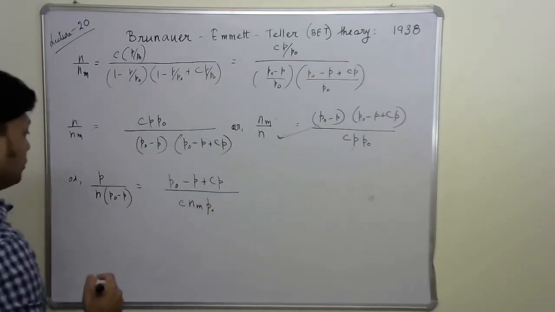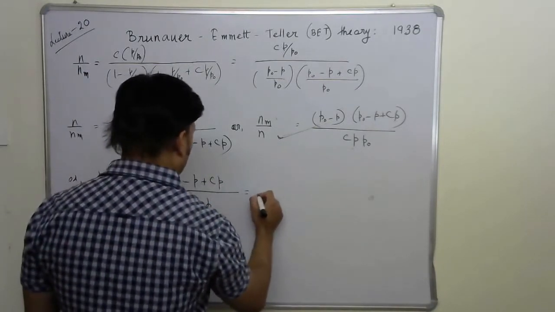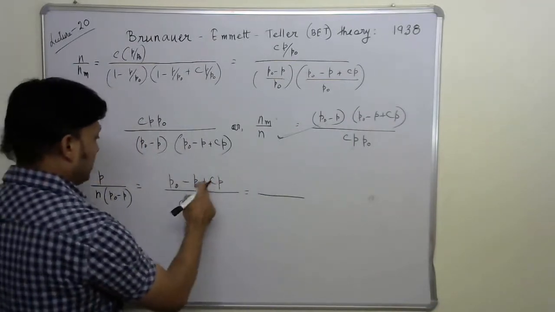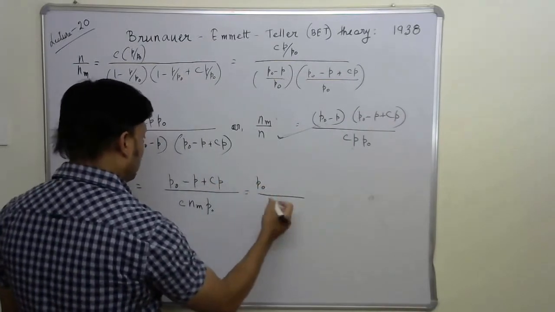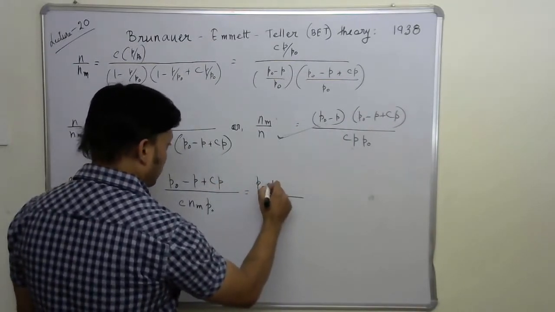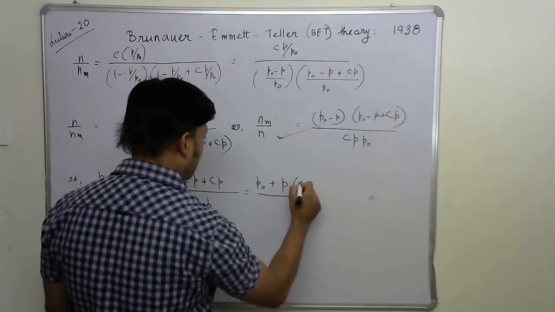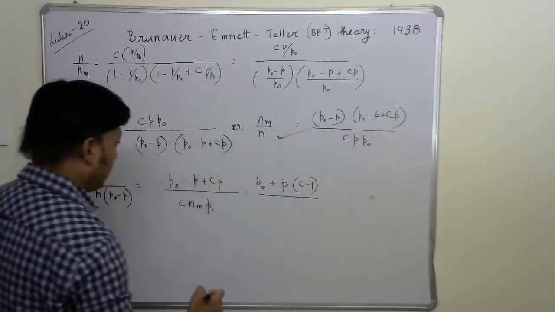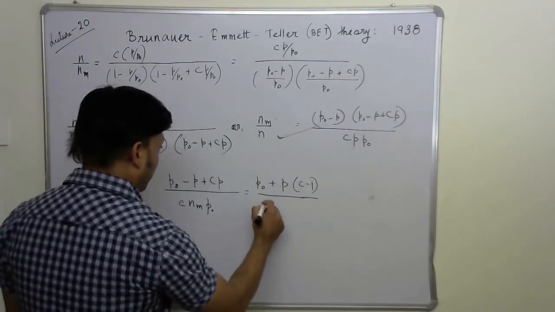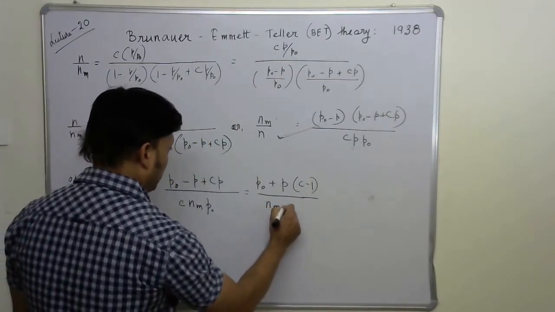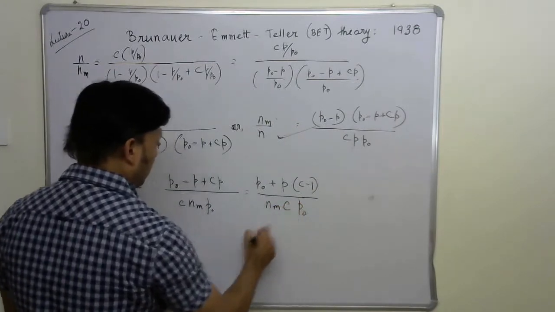Okay, so then what we can write also is, we have P plus Cp part, so we can simplify that by taking P common, multiplied by C minus 1, all right, whole divided by Nm C multiplied by P0.